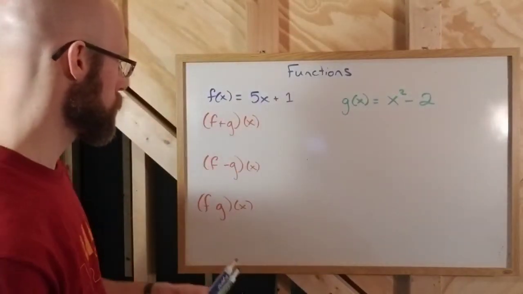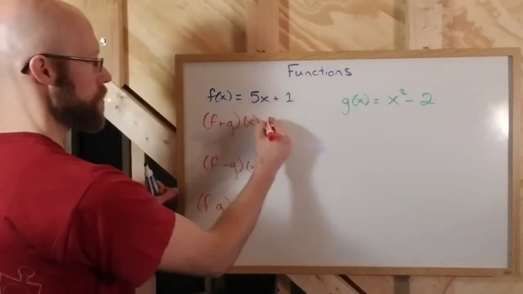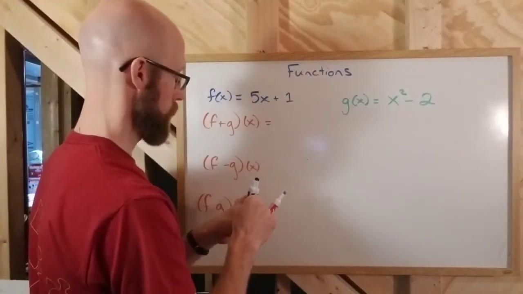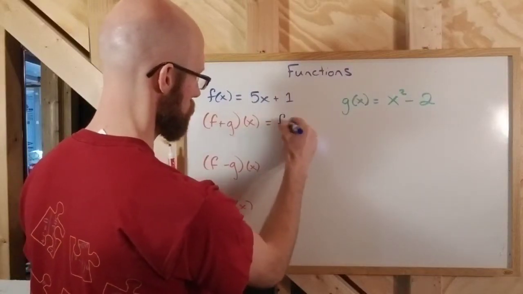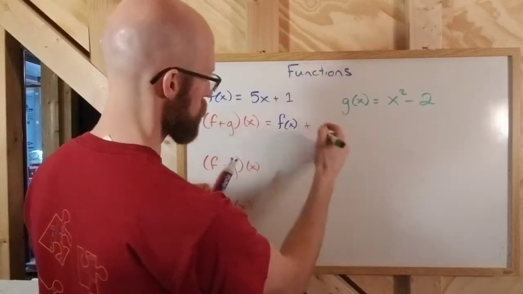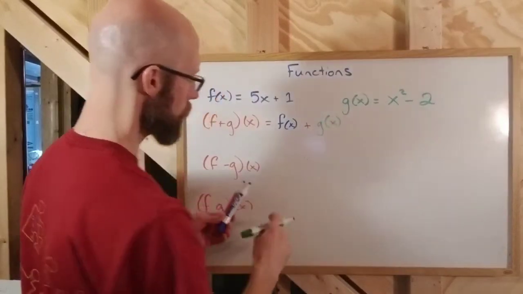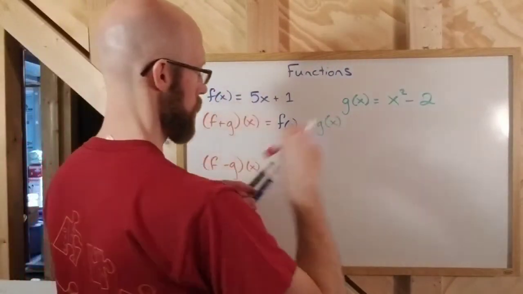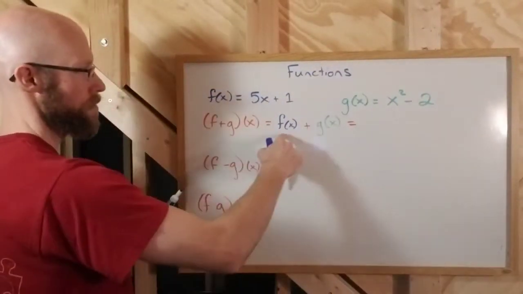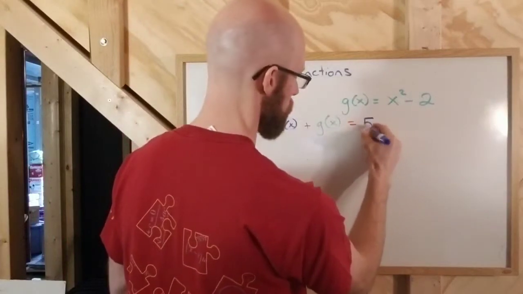So if I wanted to find f plus g of x, I just take the first function, f of x, and add the second function, g of x, and try to keep my colors consistent here. The f function is 5x plus 1.